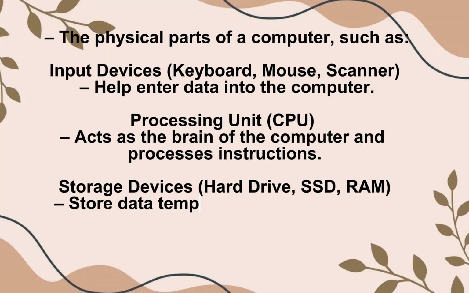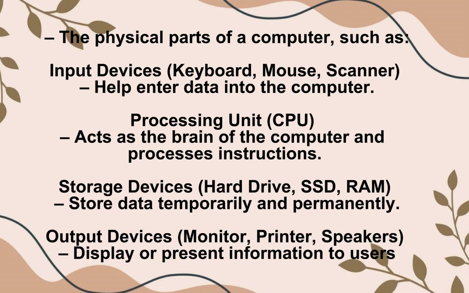The physical parts of a computer, such as input devices like keyboard, mouse, scanner, help enter data into the computer. As you all know, a computer works on a pattern: input, process, and output. So the devices that take inputs from the user are known as input devices. That includes keyboard, mouse, scanners that help enter data into the computer.